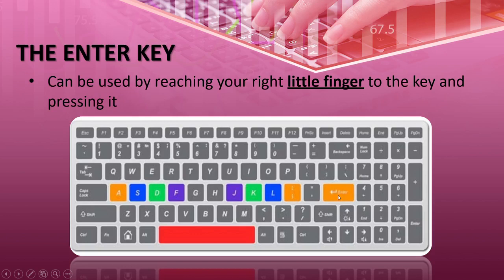So we use our right hand little finger. Understanding? Enter key is on the right side of the keyboard, so we press with our little finger but using the right hand. It can be used by reaching your right little finger to the key and pressing it. See here. Understanding the keys, the shift key is yellow color, so the little finger is used, and the enter key is also yellow color, so the little finger is again used.